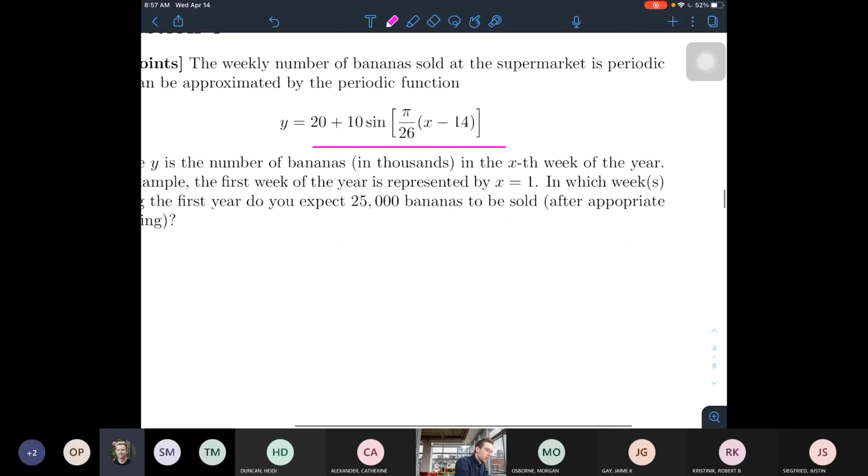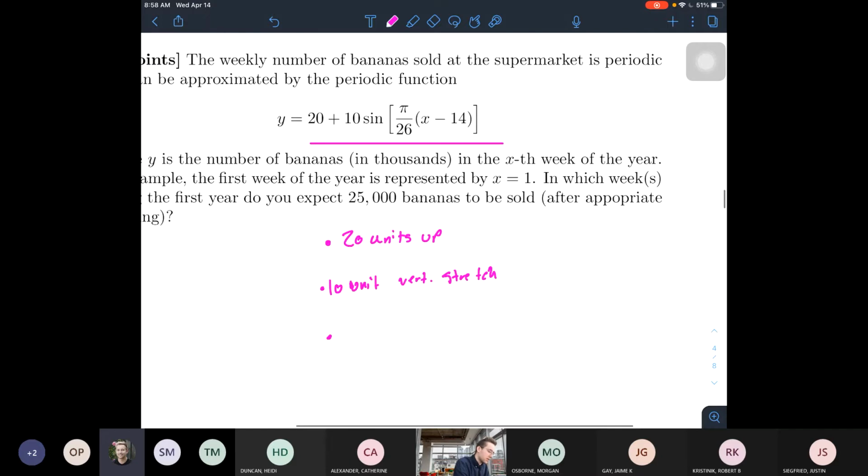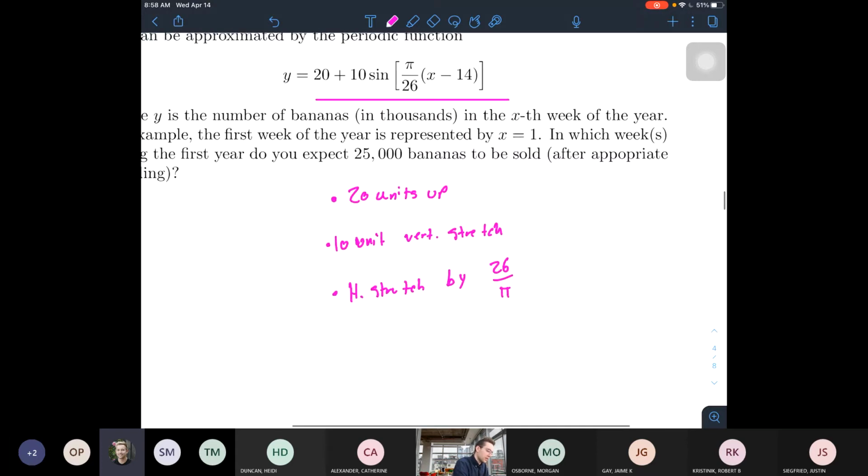The transformations are: 20 units up, 10 unit vertical stretch, pi over 26 means horizontal stretch by 26 over pi, and finally, a horizontal shift 14 units to the right.